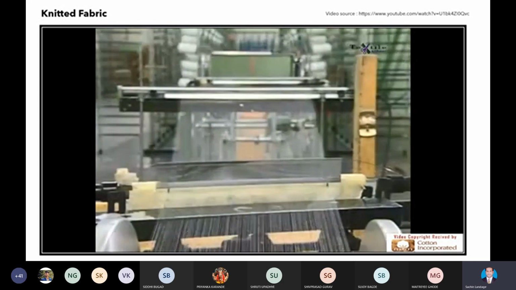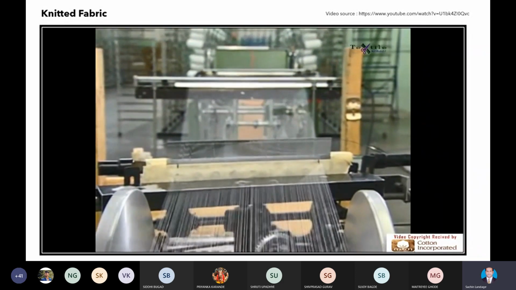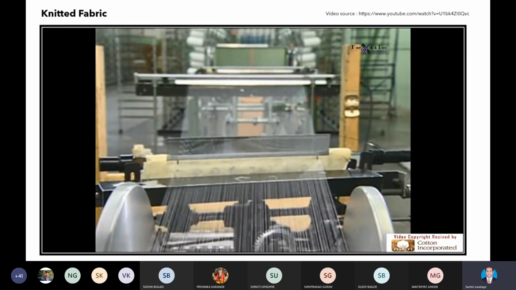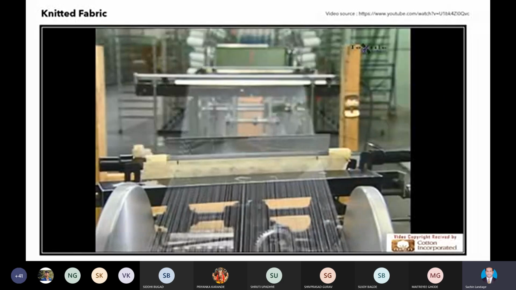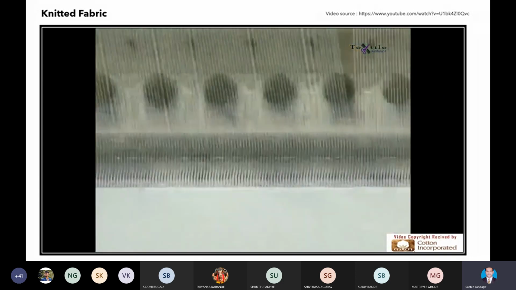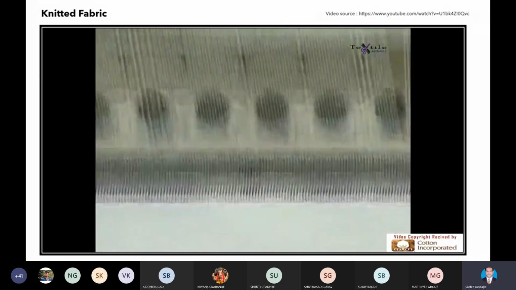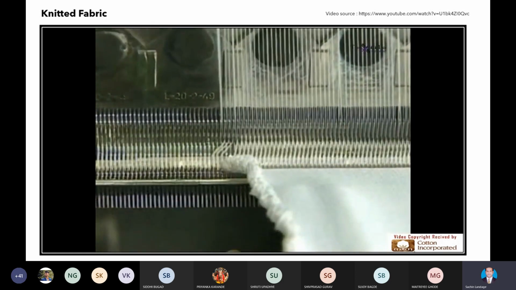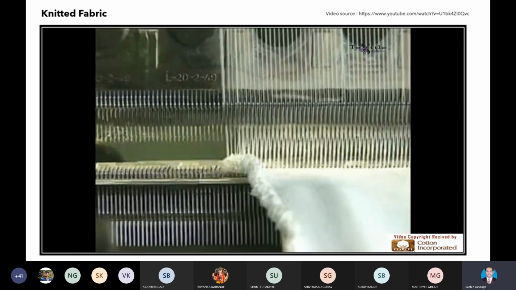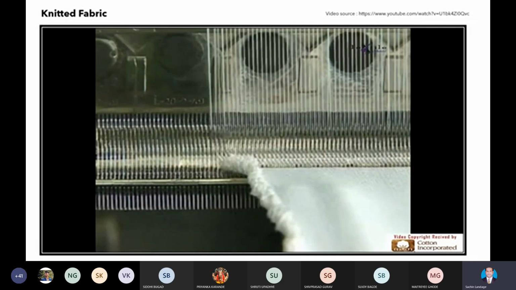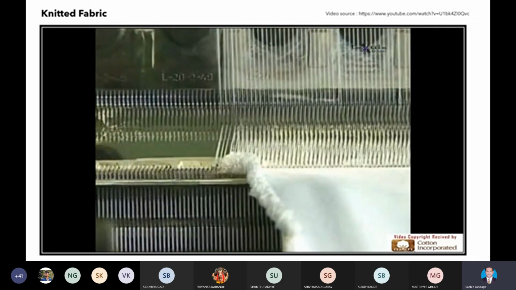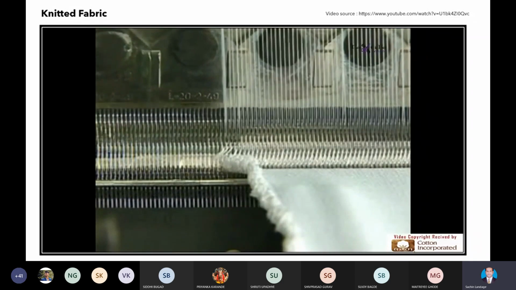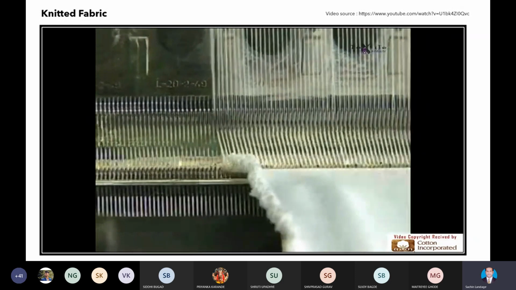Wound onto a beam from yarn packages in a creel, the yarns arranged as a warp must be placed parallel to each other. Normally, for the most basic of fabrics, each yarn needs its own needle. If 1,000 needles are used on this machine, there needs to be a minimum of 1,000 warp yarns. If there is more than one yarn provided for each needle, more elaborate fabrics can be produced.